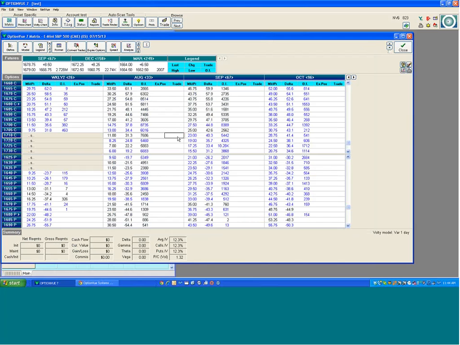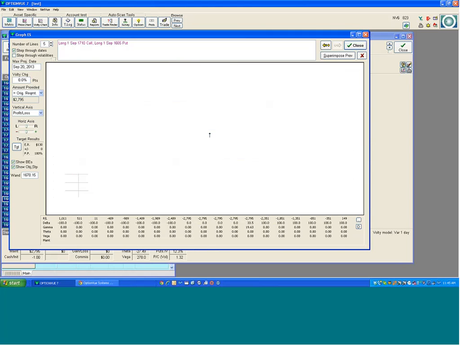Now, there are other positions that I myself am not keen on, things like long strangles or long straddles. Here would be an example of a long strangle: buying a 40 delta 1710 call, buying a 40 delta 1665 put.